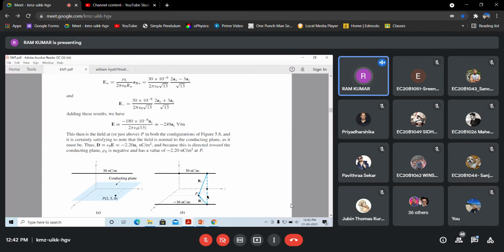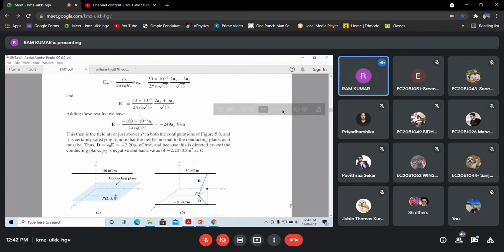We calculated the electric field intensity at the point due to this line charge, similarly due to the other line charge, added them together, and calculated the electric flux density through this formula. As per the law, the charge density is exactly equal to the total field lines, which is equal to minus 2.20 nanocoulomb per meter square.